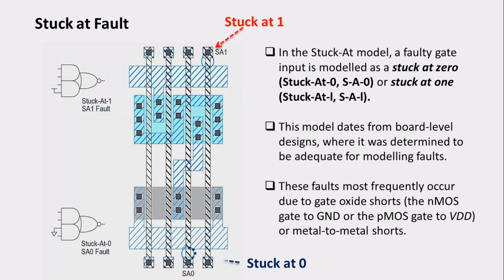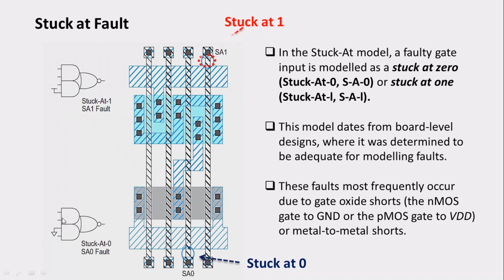Here you can observe this particular input port, out of these two AND gate and NOR gate combination, is being shorted to VDD. We call such a thing stuck-at 1.